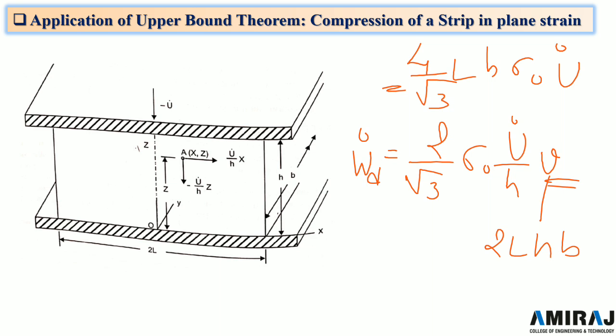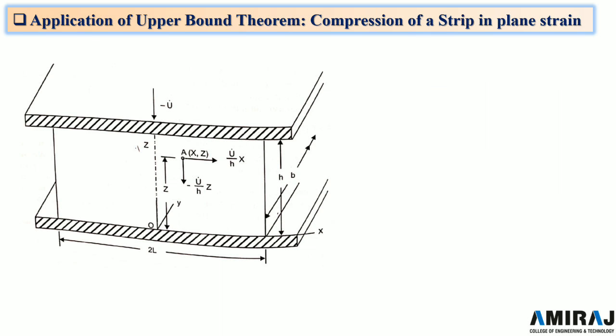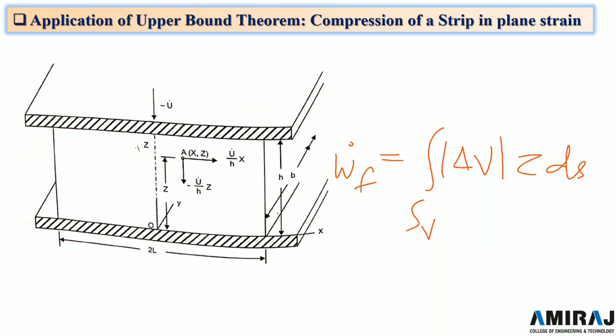Now the second term is denoted by W_F dot, which is equal to the integral over S gamma of delta V tau dS, where tau is the frictional stress on the surface of velocity discontinuity. For the frictional stress at the top and bottom interface between die and workpiece, we do not know the die pressure and we cannot use Coulomb's law of friction.